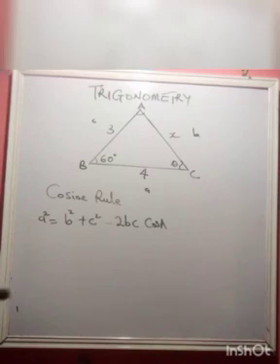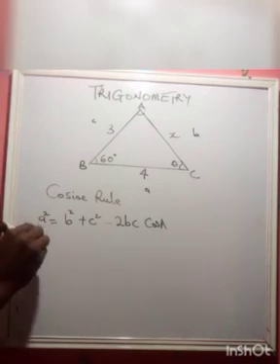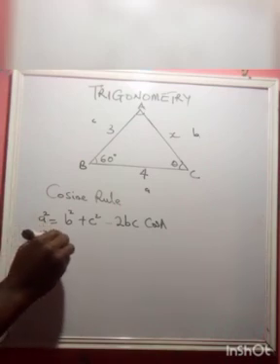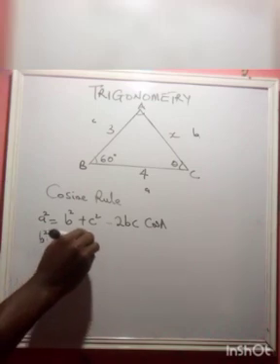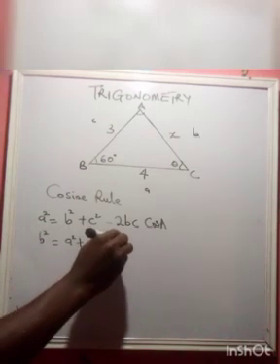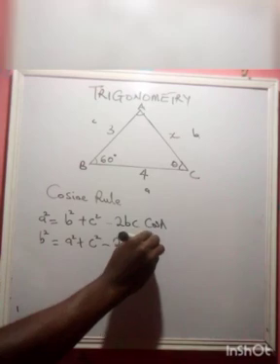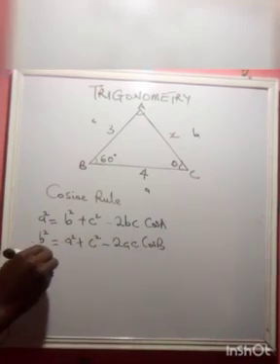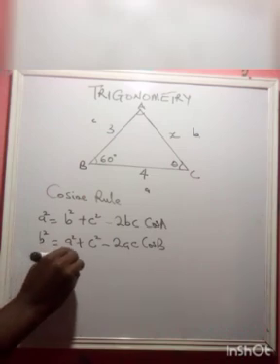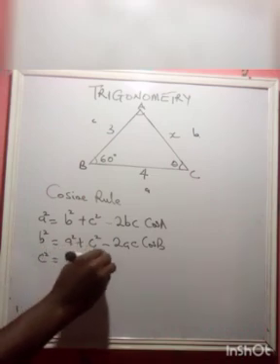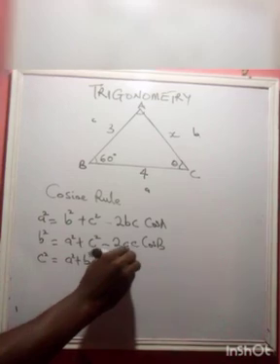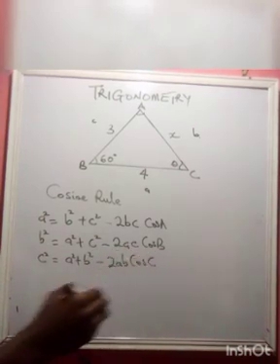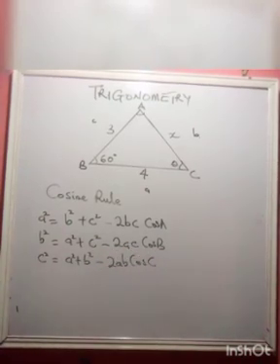The same thing applies to get our side B: B squared is equal to A squared plus C squared minus 2AC cos B, whereas C squared equals A squared plus B squared minus 2AB cos C. This is the cosine rule.